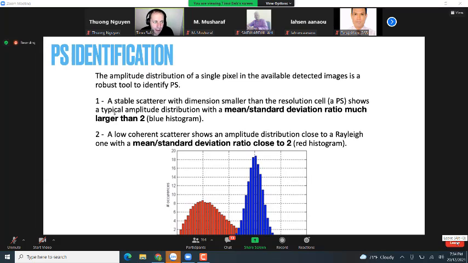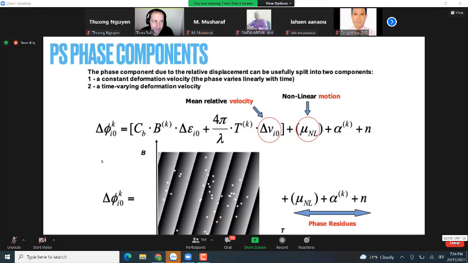Okay, so that's one way to identify PS points or PS candidates. Now we are looking at these different phase components.